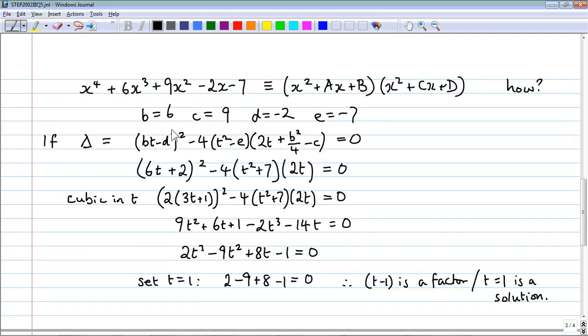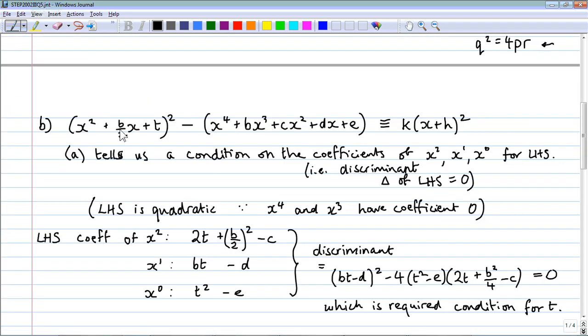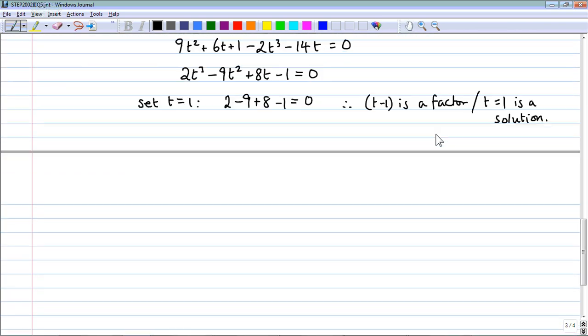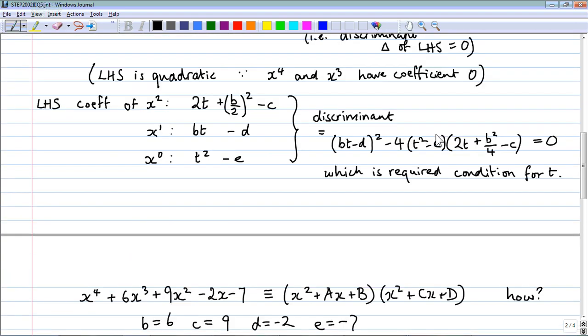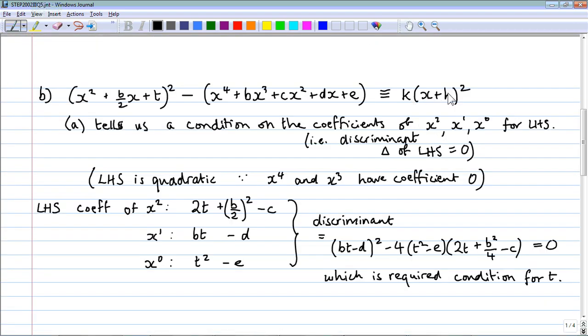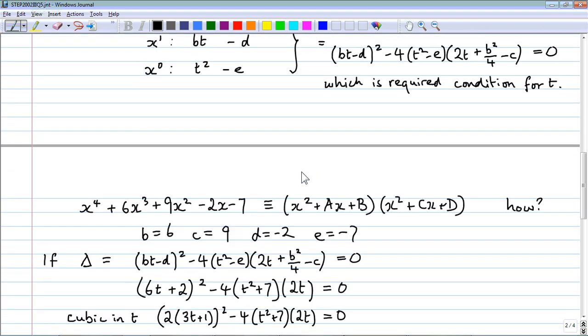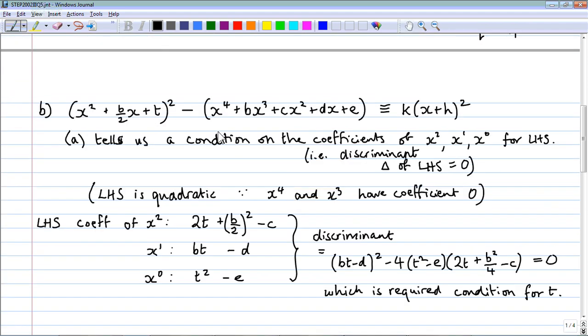And if the discriminant is 0, then this equation we wrote here will be true, this identity will be true for a certain value of k and h. So if we find those values of k and h, we will have the form that this quartic polynomial is equal to the difference of two squares of two different quadratic functions of x.